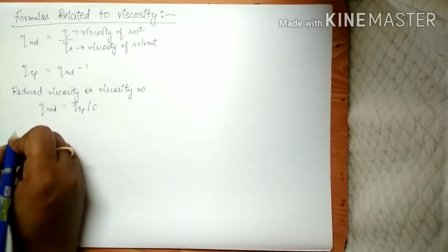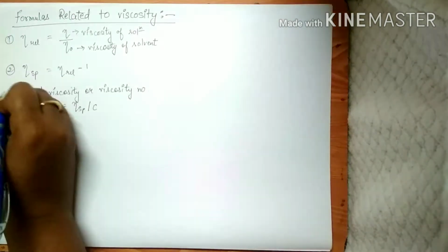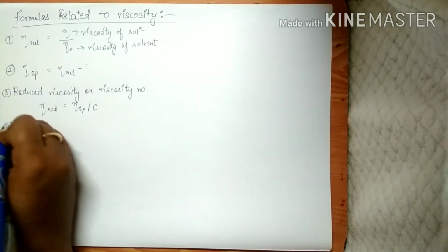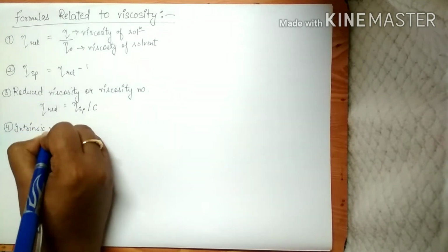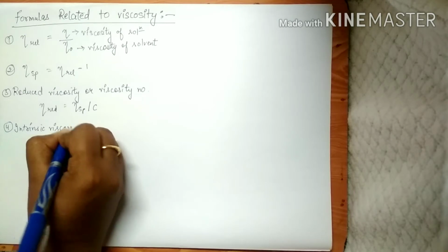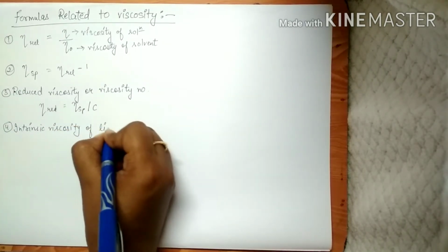So the next formula is for intrinsic viscosity, or your limiting viscosity number.